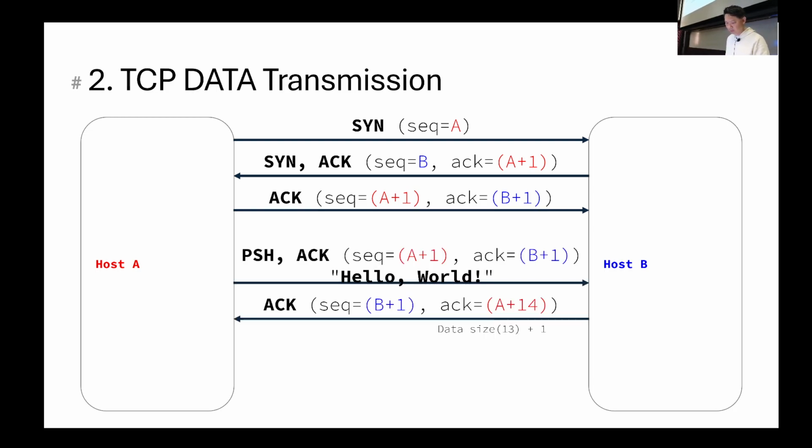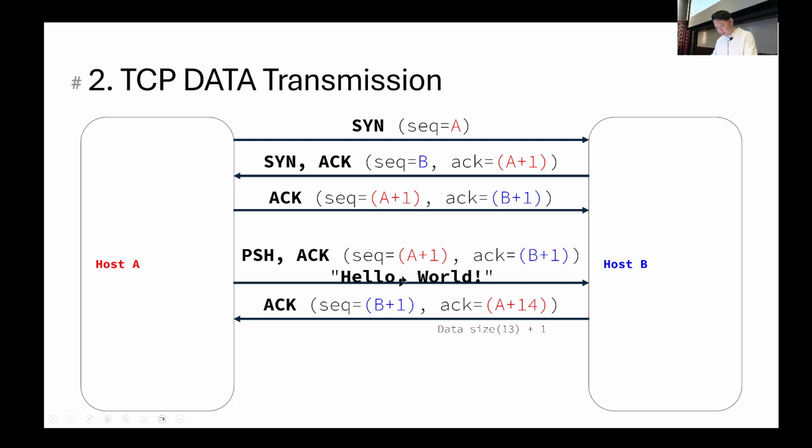So this is the three-way handshaking. In the second phase, data transmission, the PSH and ACK flags are set. Let's say hello world. This sentence has a size of 13, right?